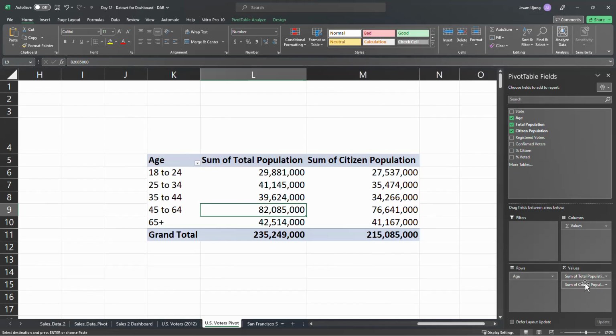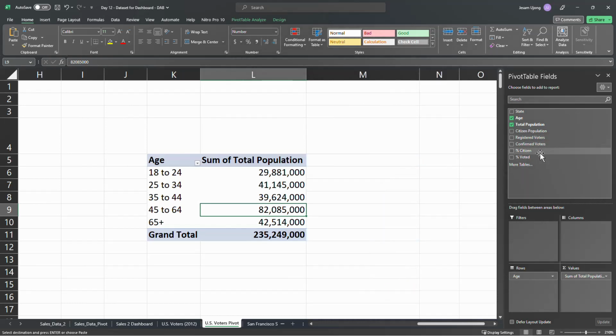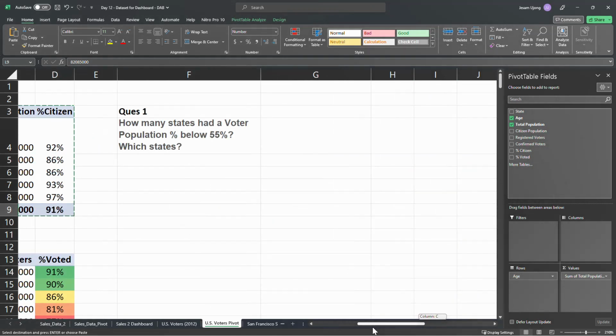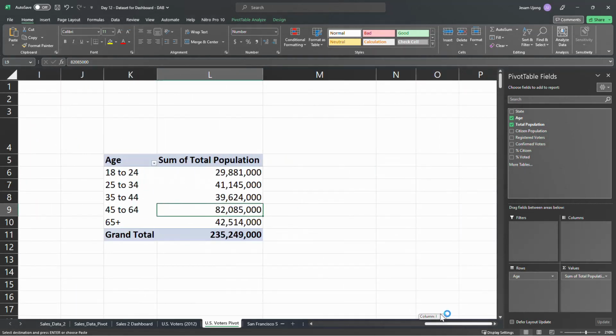Okay, so we're going to work with total population and voters population, right? What was the question again? How many states had a voter population below 55%?